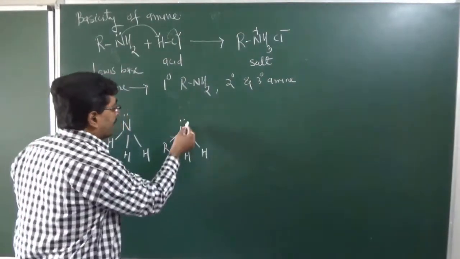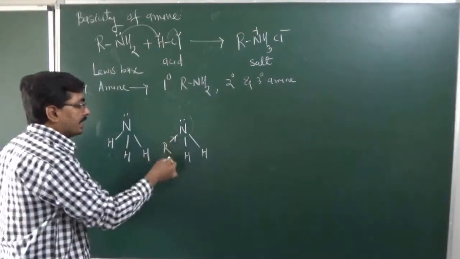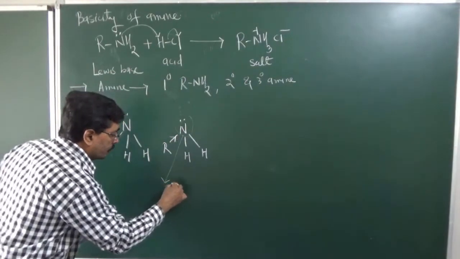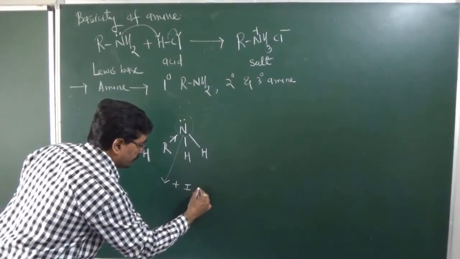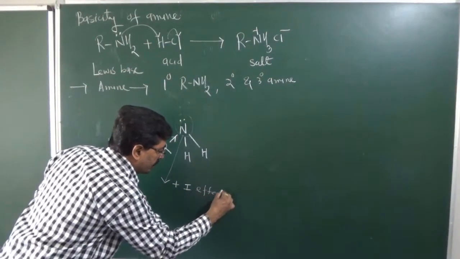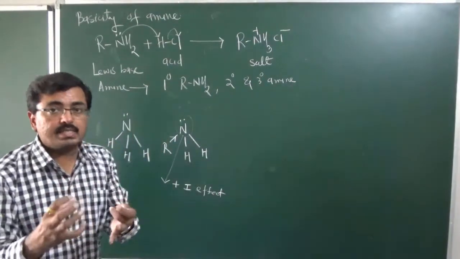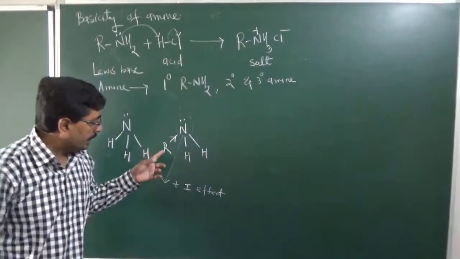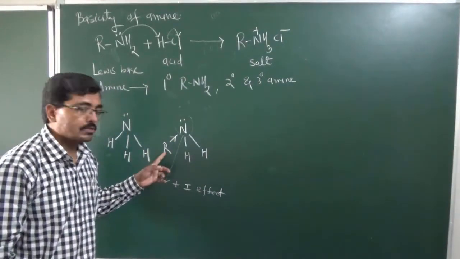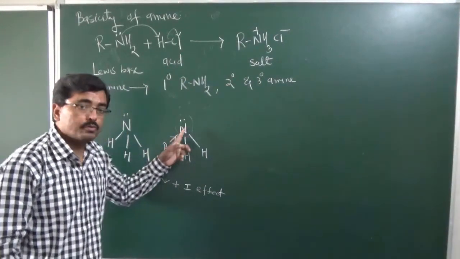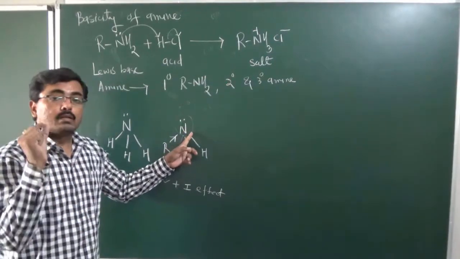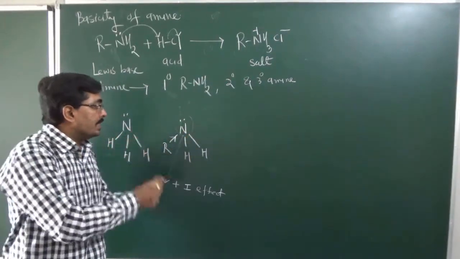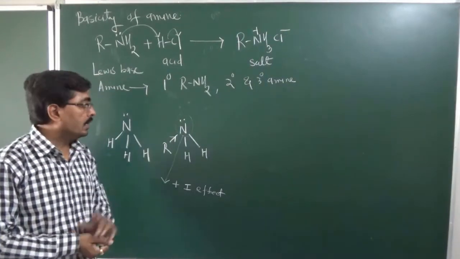So electron density will increase on the nitrogen atom due to the inductive effect. What is the inductive effect? A species has a tendency to donate electrons, so the alkyl group donates electrons to nitrogen. Therefore, electron density will increase on nitrogen.